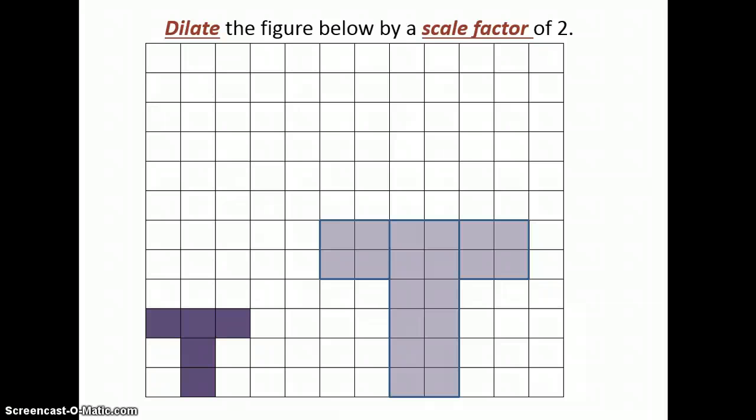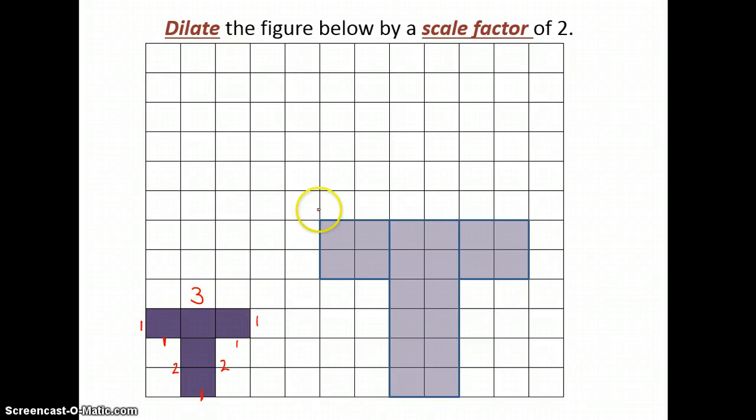Let's look at this one, our last one. If I wanted to dilate this figure by a scale factor of 2, notice I've taken each of my sides here. Now don't forget about these little pieces here. They're often forgotten when students are enlarging figures. You need to look at every single side in the original figure in order to enlarge or reduce it by the scale factor.